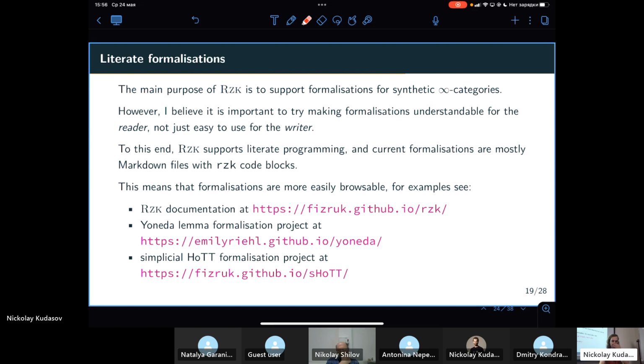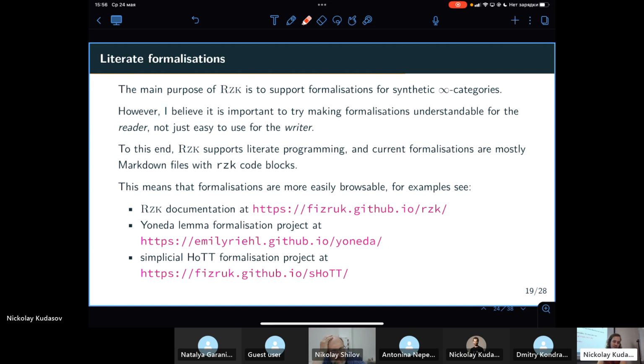So from the very beginning, what I'm trying to do is support and promote a little bit of literate programming, in the sense that you write immediately something that is supposed to be a text with code blocks that corresponds to formalizations.